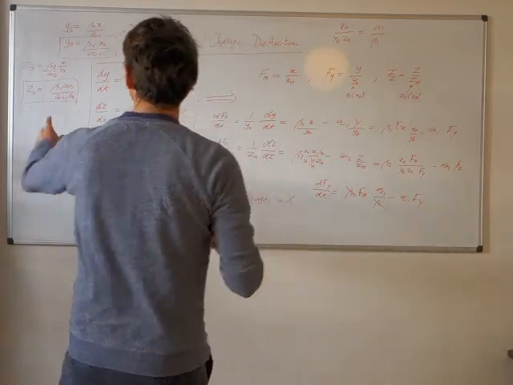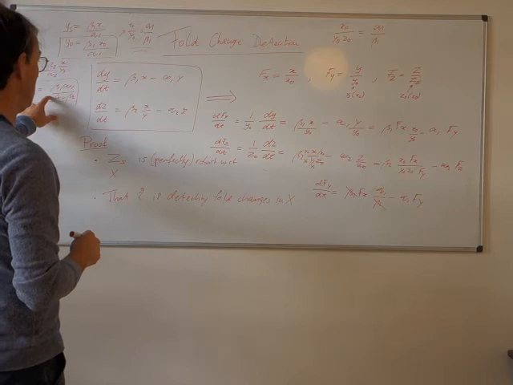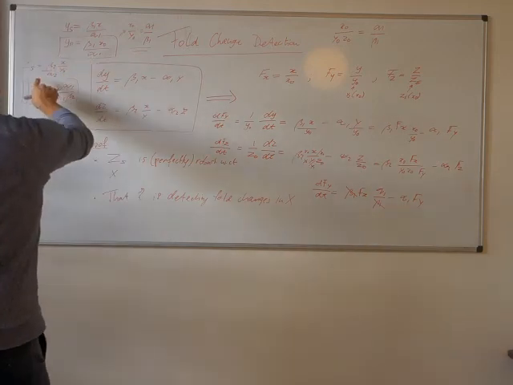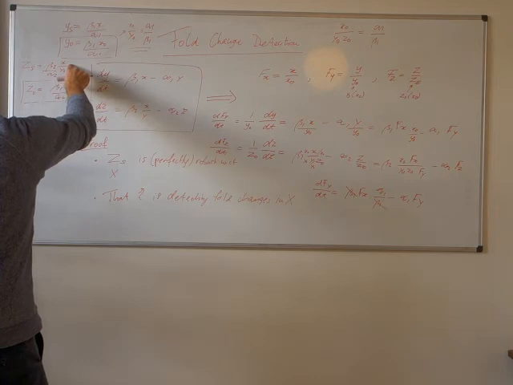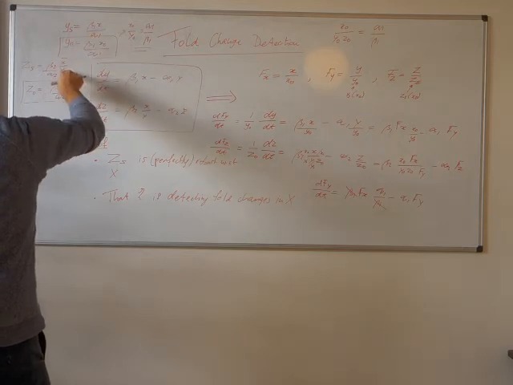Oh, I think I made an error here. So this is beta 2 x, ys, the y steady state, what is that?